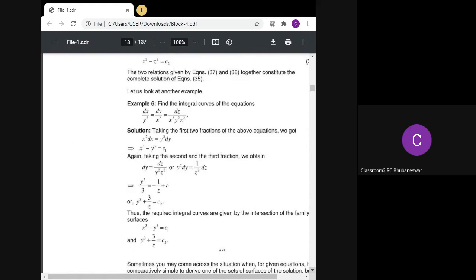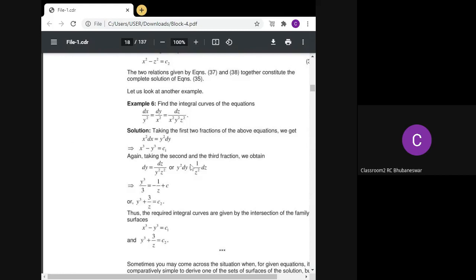Look at the first two fractions in this relation. The first two fractions are clearly in the form of x and y, and easily we can separate the variables. So they are taken together, and by separating variables, we can solve easily to get the first solution in the form of x cube minus y cube equals c1.